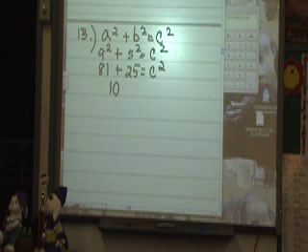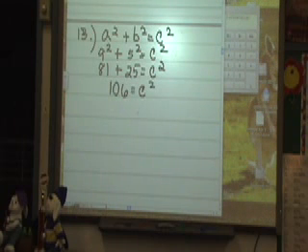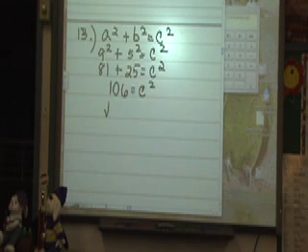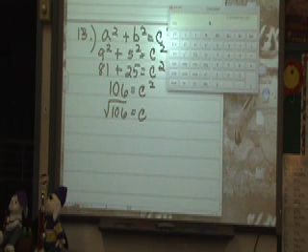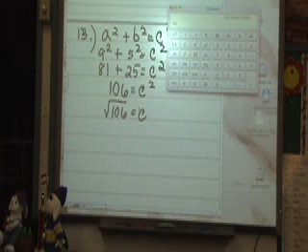You should be able to do it in your head. 106. That's C squared. Now we want to find C, so what must we do to 106? Find the square root. And that'll tell us what number times itself equals that. And you're going to get it to the nearest tenth. 10.3. 10 point what?